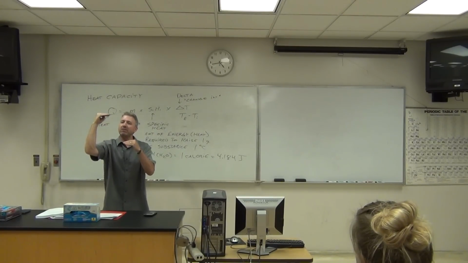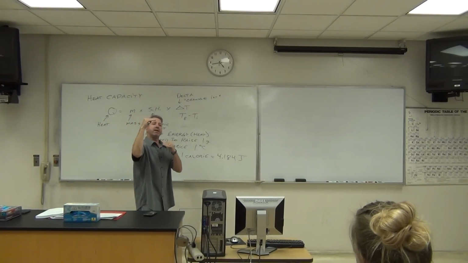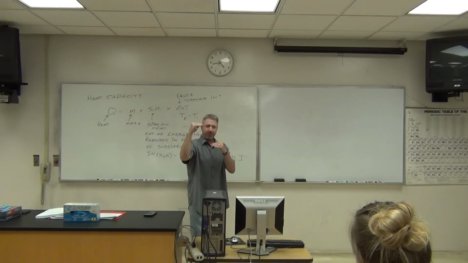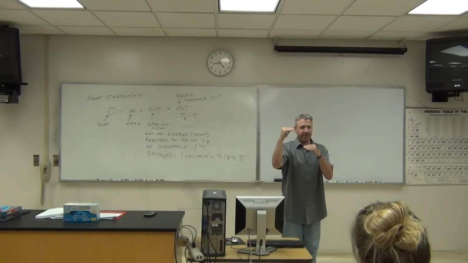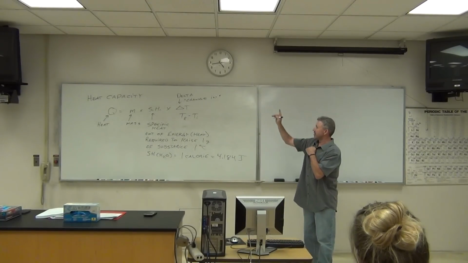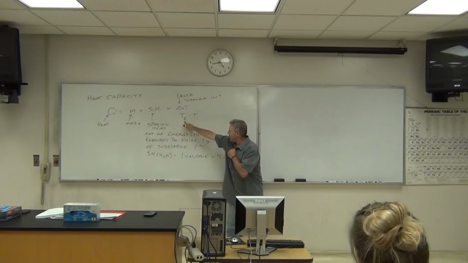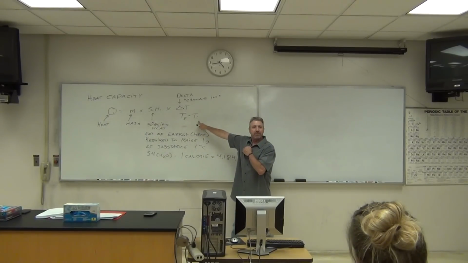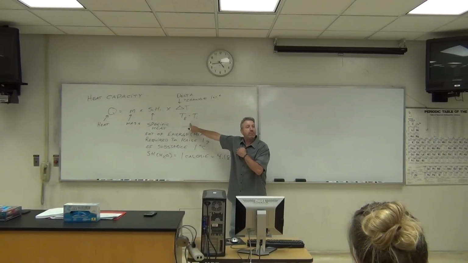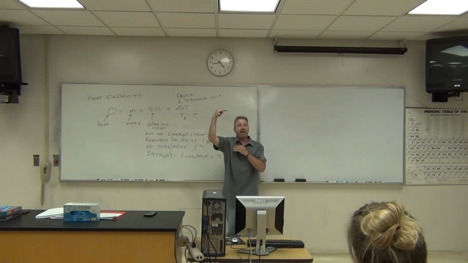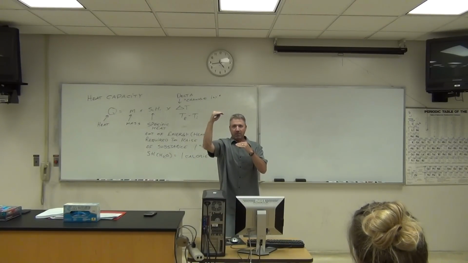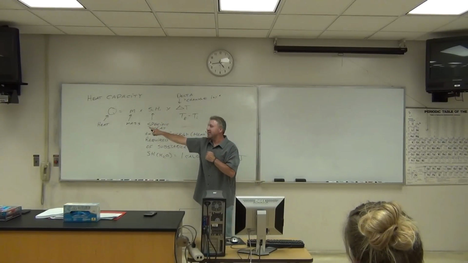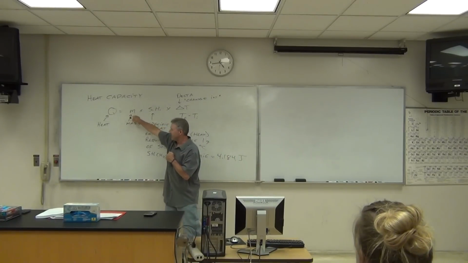If the final temperature is greater than the initial temperature, then delta T will always be positive, which means Q will be positive, because this has to be positive, this has to be positive.